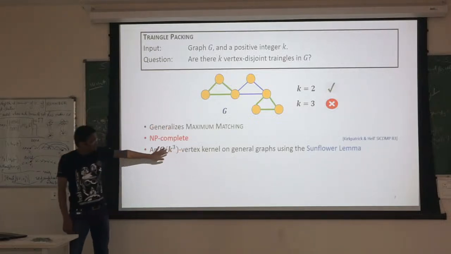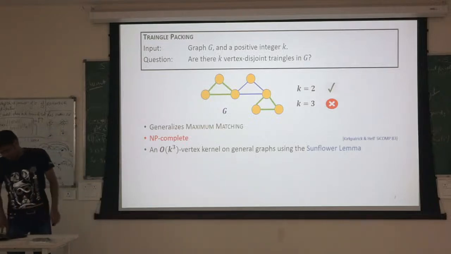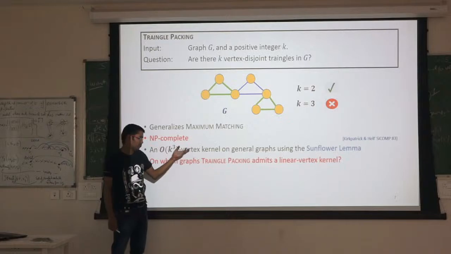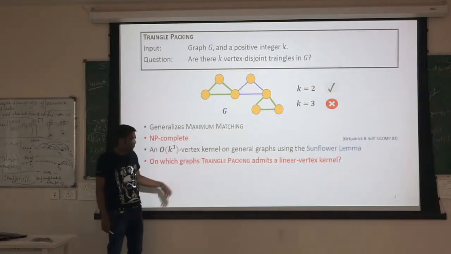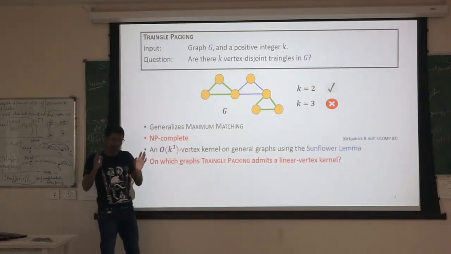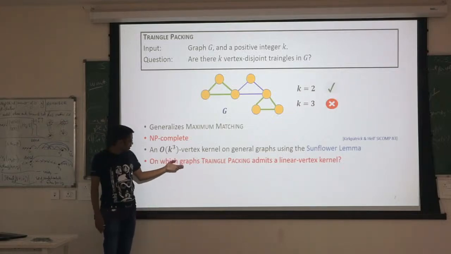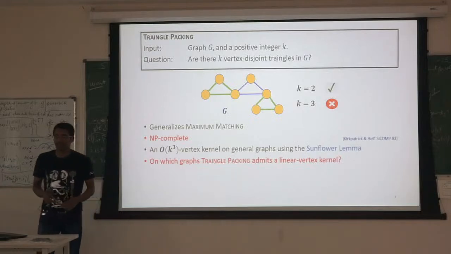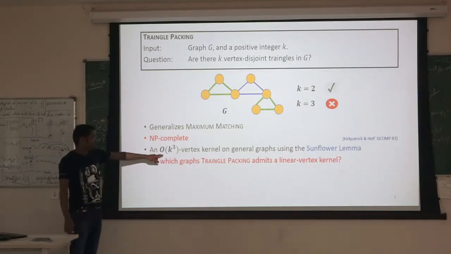So we know this, but now a natural question to ask is, for this graph we know a cubic kernel. People try, but which other graph class has, say, a linear kernel for the triangle packing problem?